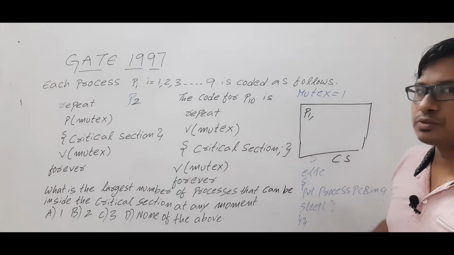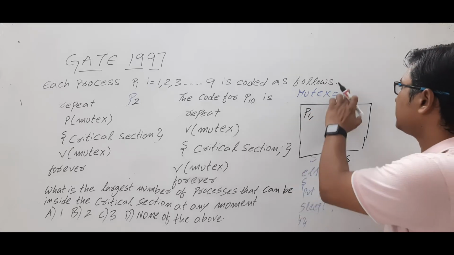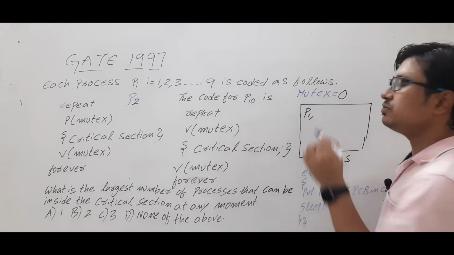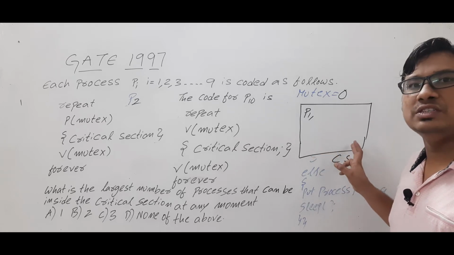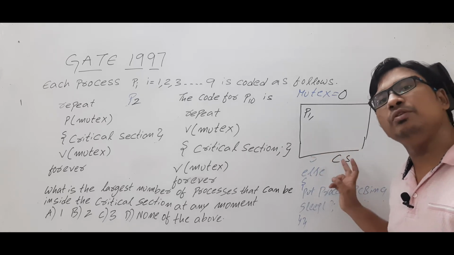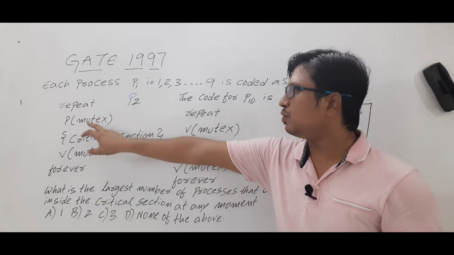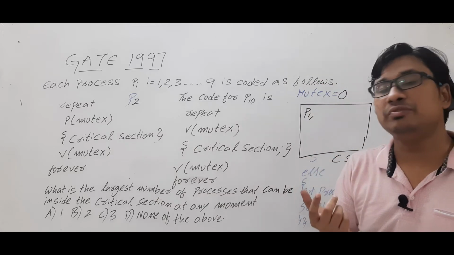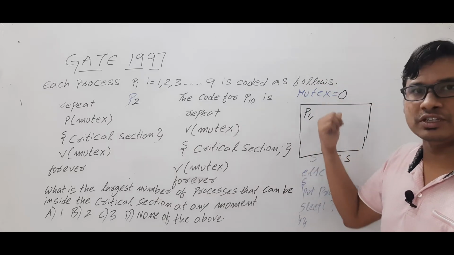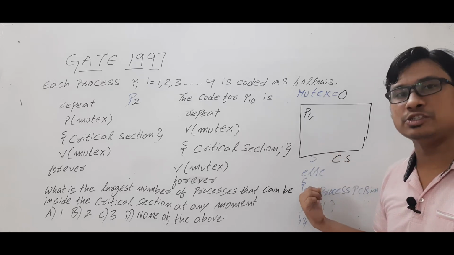When process P1 entered the critical section, it kept the mutex value equal to 0 and entered. That's because if the mutex value is equal to 1, it will keep the value equal to 0 and enter into the critical section. Now process P2 wants to perform the down operation. Now the if condition will be false because the mutex value is equal to 0, and 0 is not equal to 1, so it will execute the else part.